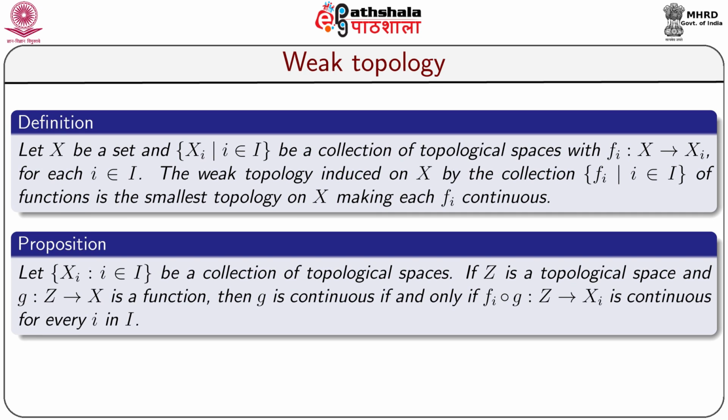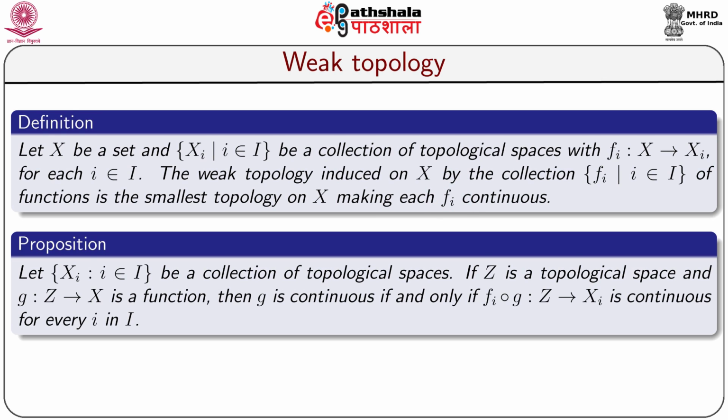Let X be a set and X_i be topological spaces with f_i from X to X_i for each i belonging to I. Then the weak topology induced on X by the collection f_i is the smallest topology on X making each f_i continuous.